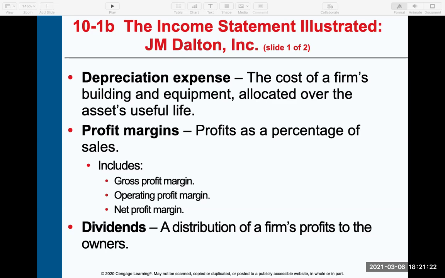And then you have the dividends, which is the return on investment paid out to its owners. These are the people who have invested financially in the business and want a return on their investment. When you pay that out of your net profit, that is called the dividend.